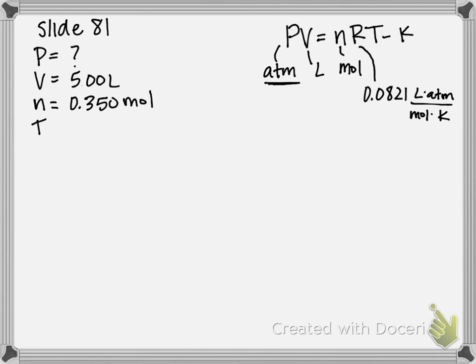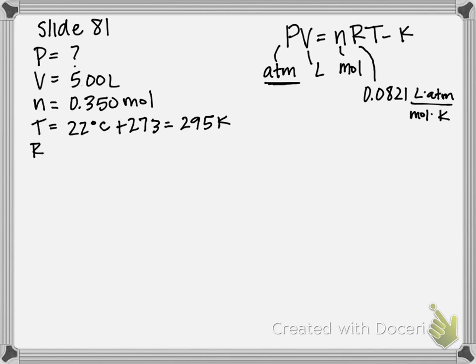Our temperature, it states in the problem, is 22 degrees Celsius. And since we know we're going to be needing it in Kelvin, I'm going to go ahead and convert that by adding 273. That gives me my temperature of 295 Kelvin.